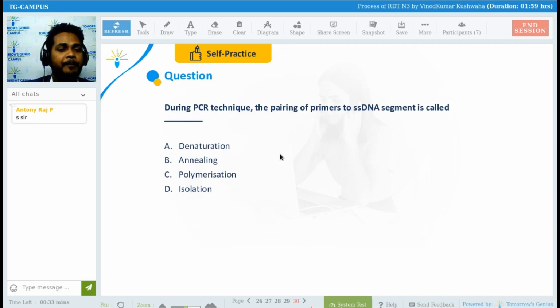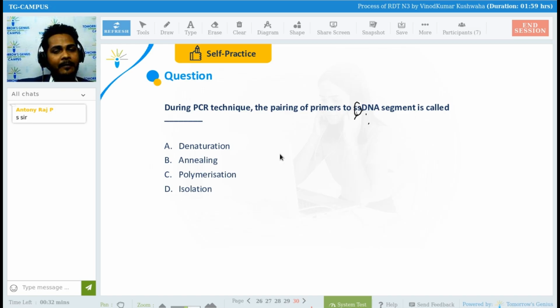Okay. During PCR techniques, the pairing of primers to a single stranded DNA segment is called what? I think this is very simple. SS written here means single stranded. Keep in mind, SS DNA means single stranded DNA.